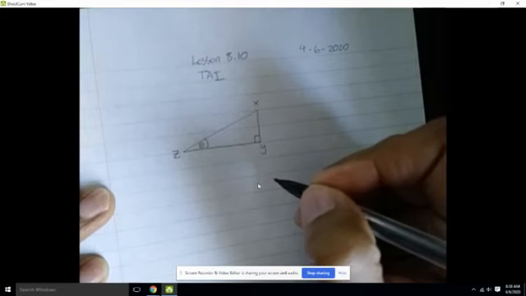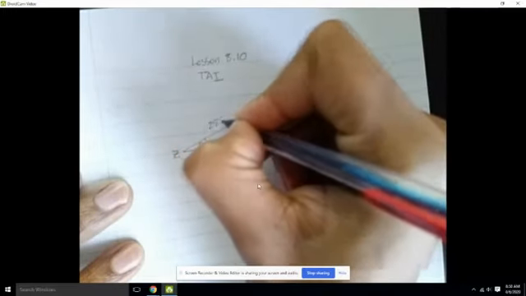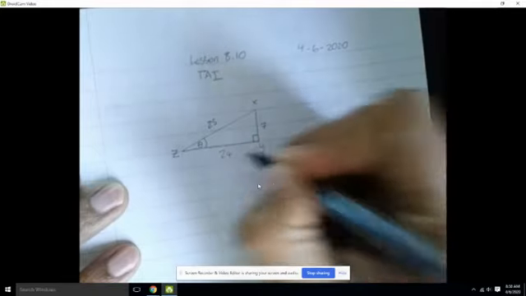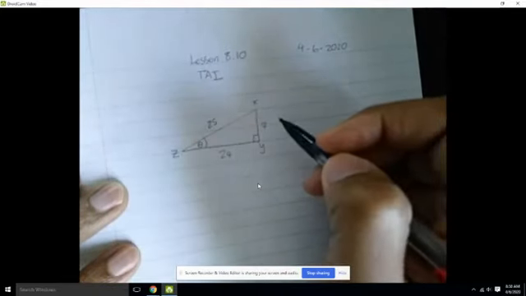We know that our hypotenuse is 25, and we have two other side lengths, which are 7 and 24. We know this is the hypotenuse because it's the longest side.